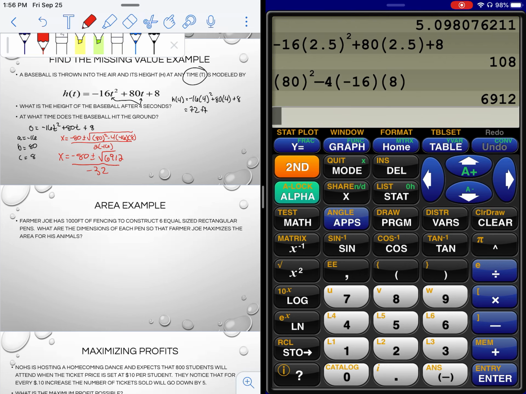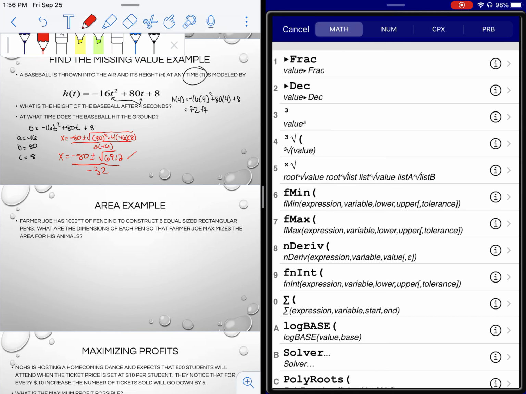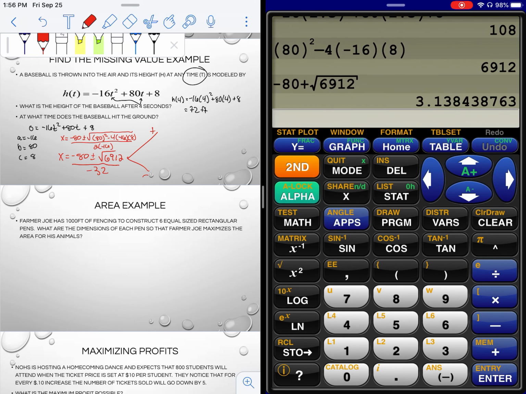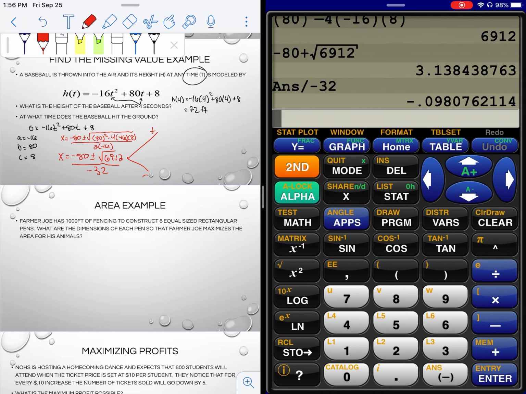So I'm just going to type this in my calculator. So I'm going to do the plus 1 here and the subtraction here. So negative 80 plus the square root of our answer. Hit enter to do our numerator calculation. And then divide by negative 32. I get negative 0.098 seconds.